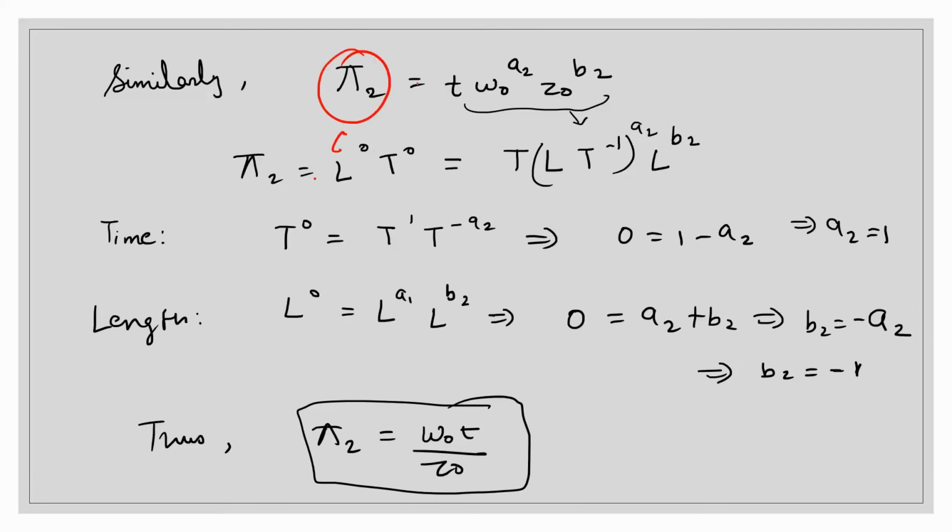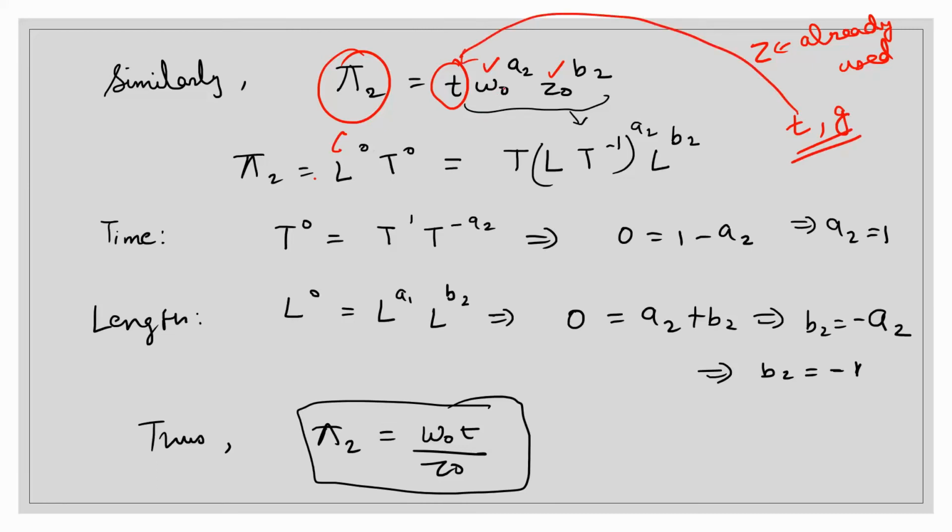Similarly, we will find the another dimensionless group, which we will name pi2. These two are repeating, right? We will use another parameter because z is already used. We are left with t and g. So now we will choose this t, and these are two repeating parameters. Again we will write the dimensions.